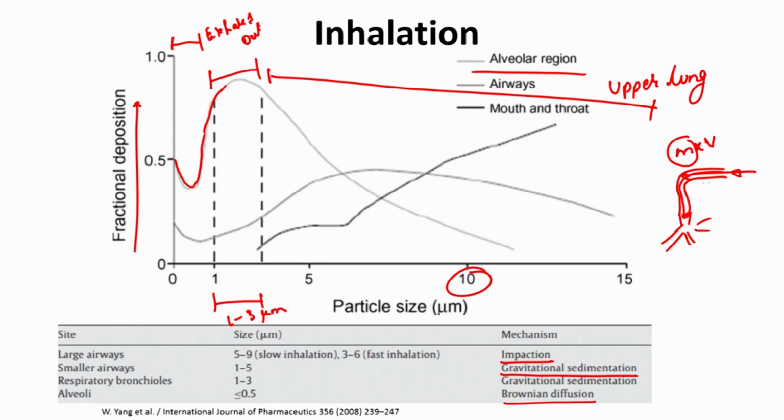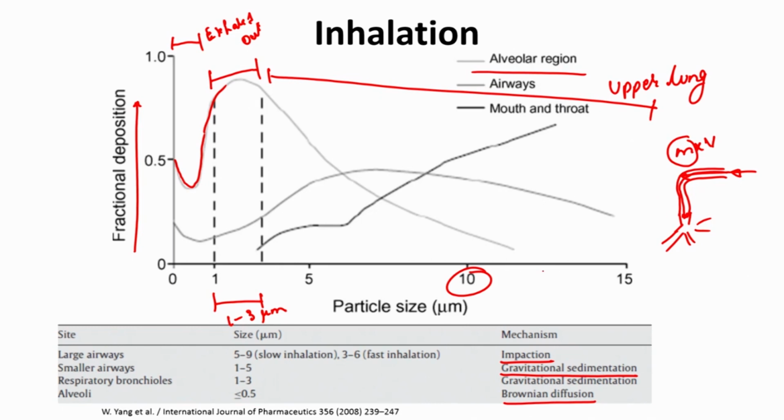They will not be able to change the path that quickly, and they will just hit the wall at the time of bifurcations and trifurcations, and once they hit the wall they will get stuck to the mucus. That is why the bigger particles get accumulated right in your upper airways.